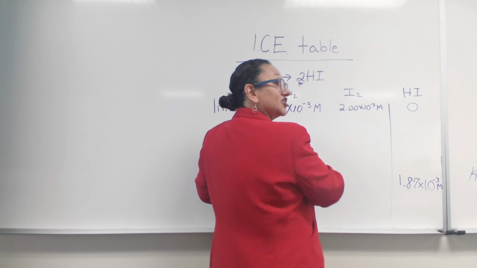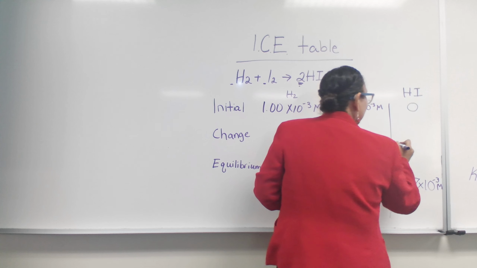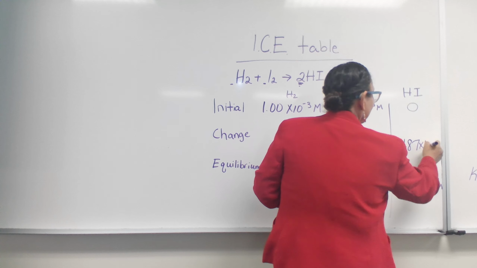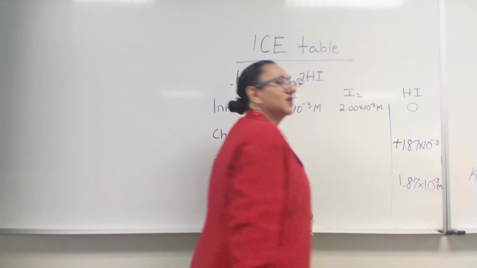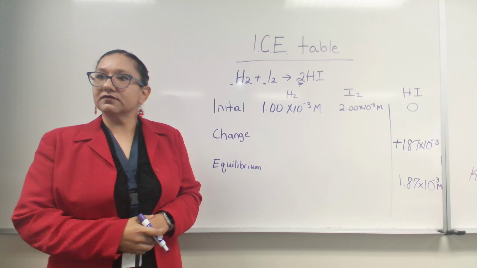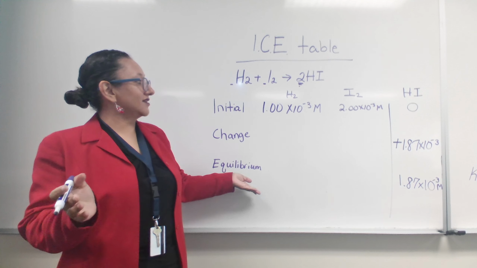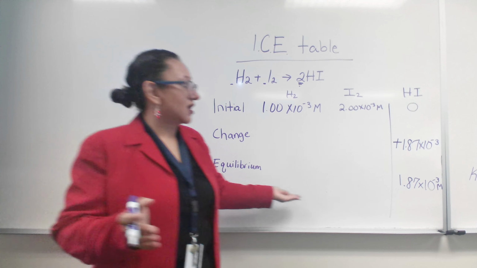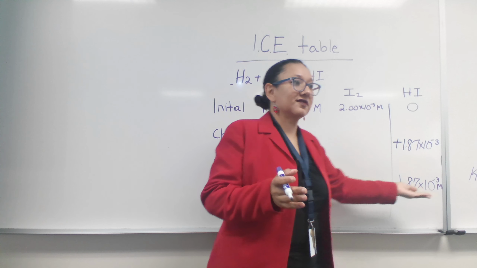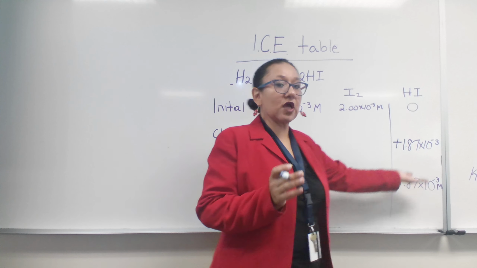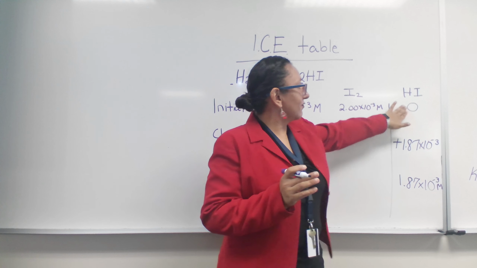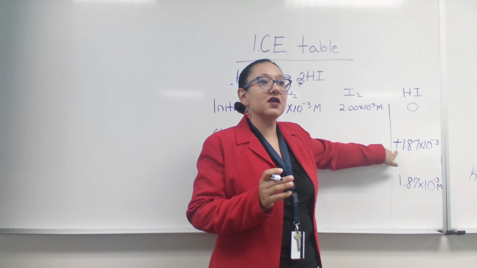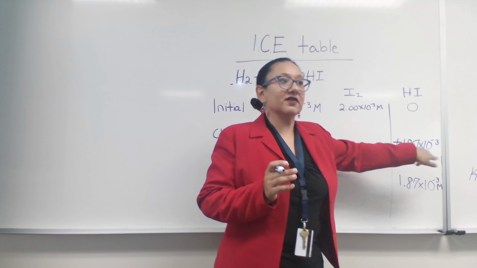That means my change was I added 1.87 times 10 to the negative third. Because that's all we're doing here in an ICE table. We're subtracting on the reactants and we're adding on the products. Disappearance, appearance. So I went from 0 to 1.87. That means I added 1.87.